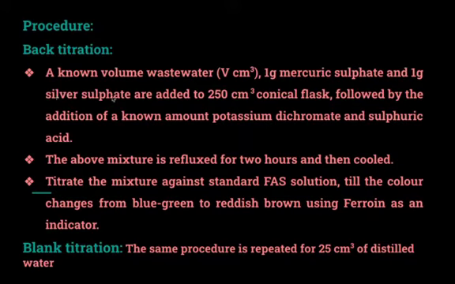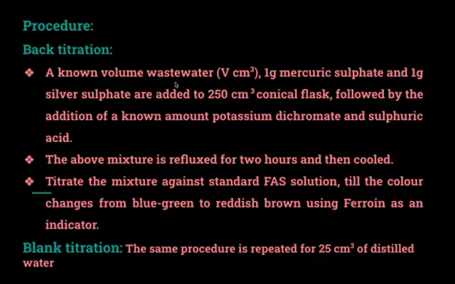So to avoid this, we are using mercuric sulfate. Mercuric sulfate will combine with the chloride ions and get converted to mercuric chloride, and thereby the interference of chloride ions will be prevented.